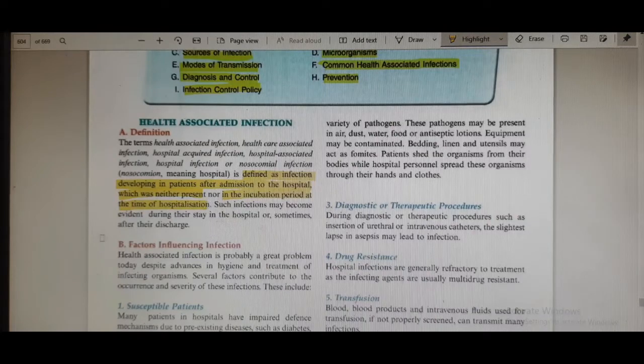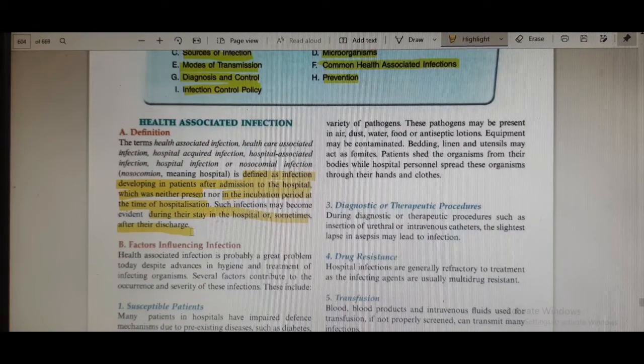Such infections may become evident during their stay in the hospital or sometimes after they are discharged. So these health associated infections are acquired during the stay in hospital, or at the time of discharge. After they are discharged from the hospital, they might acquire this type of infection.